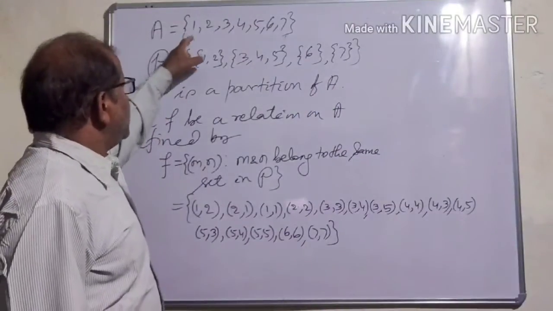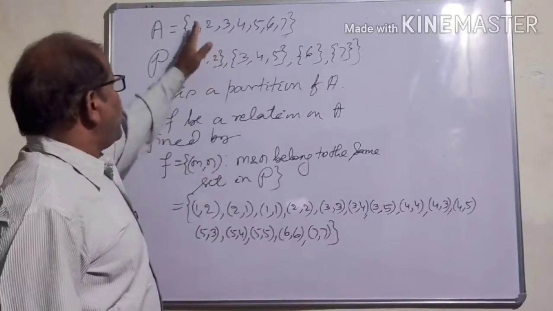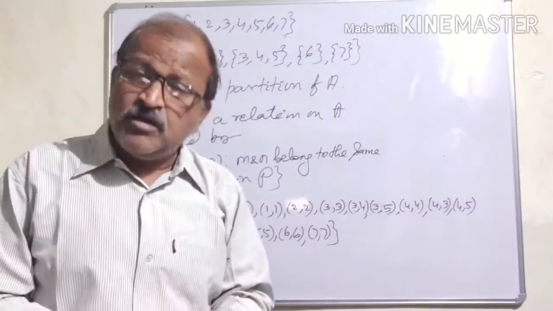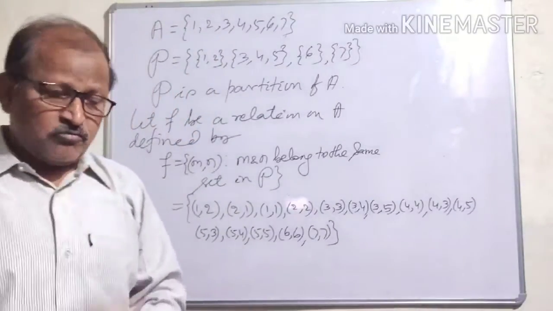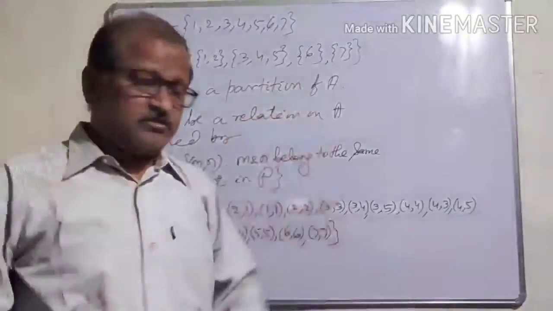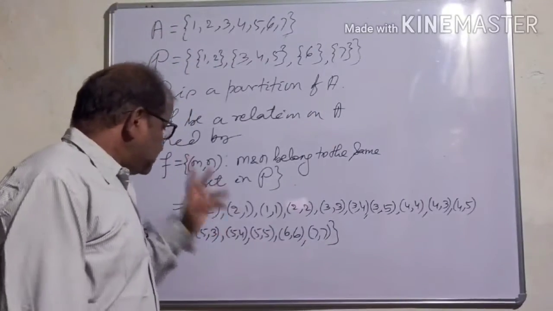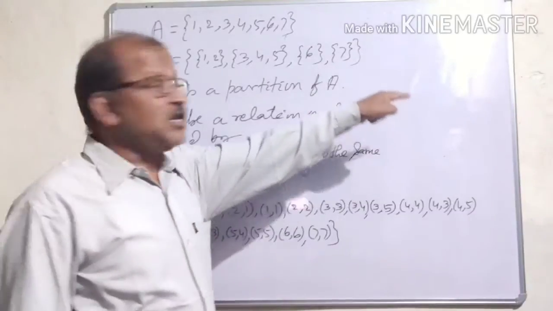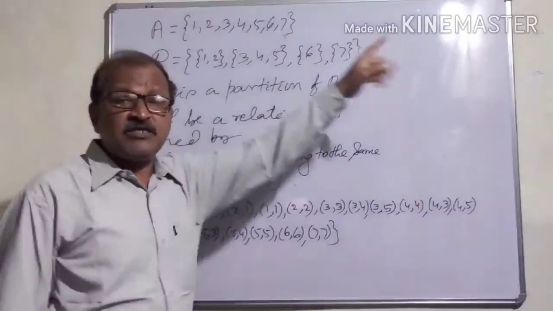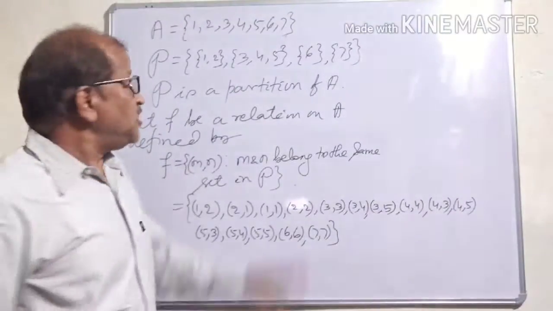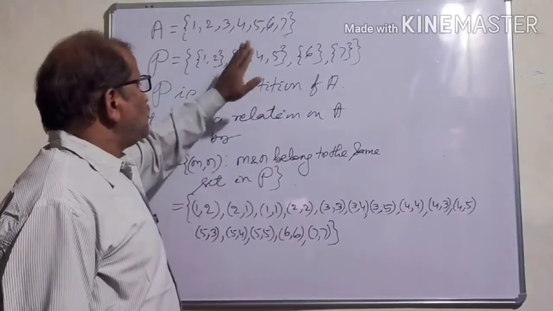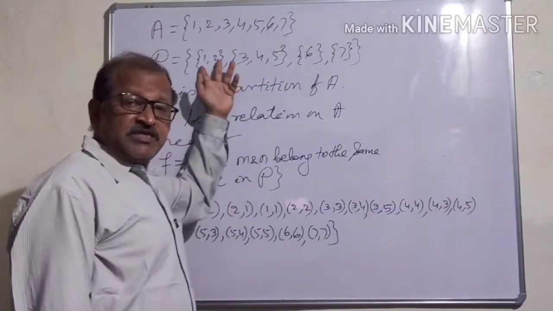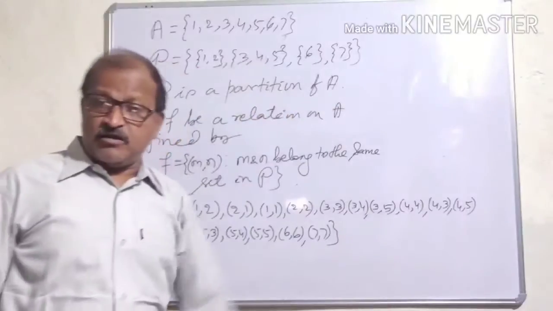Except these two, 1 is not related to any other element of the set A, because except 1 and 2, no other element of A is in the same set as 1.